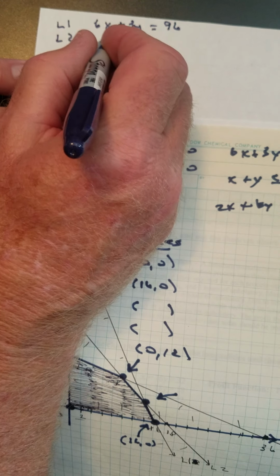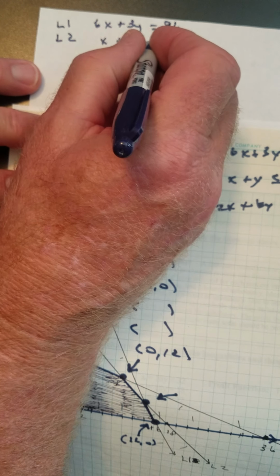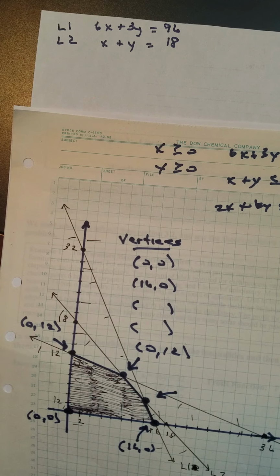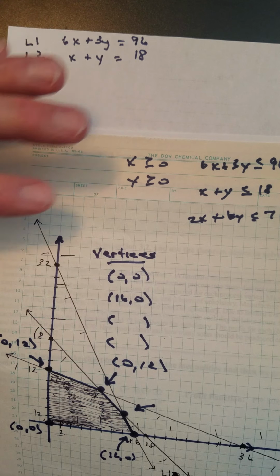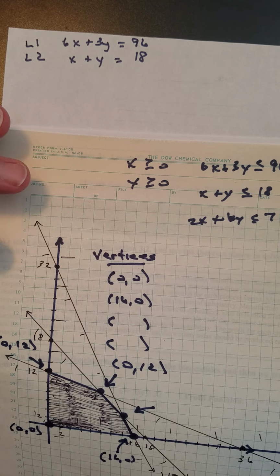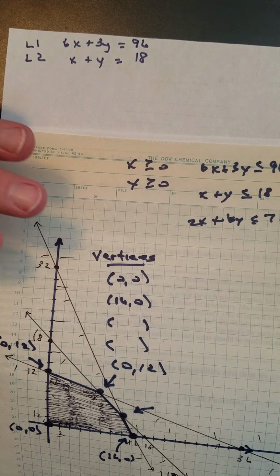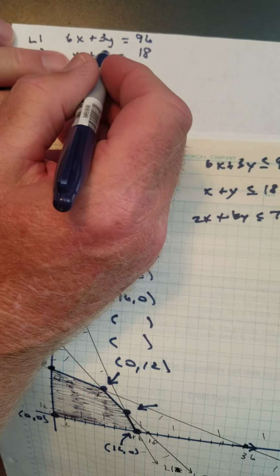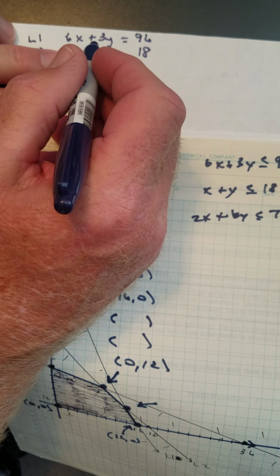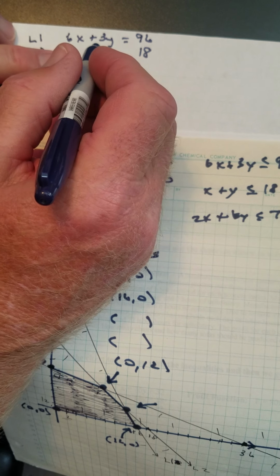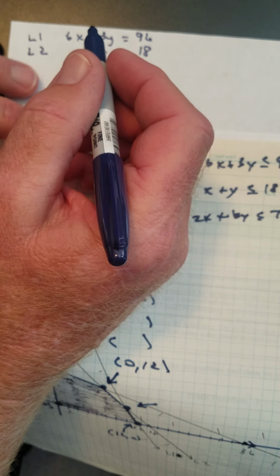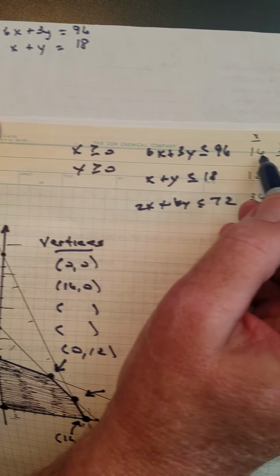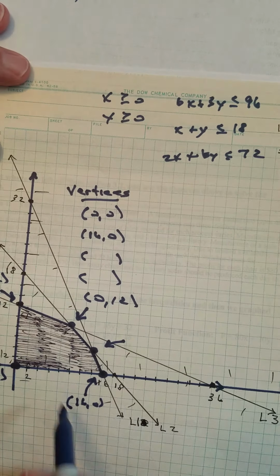And L2, I've got x plus y equals 18. So I want to find the intersection of those lines. Now, you can do several different things. When you look at the book, they'll solve each of those for y and put them in slope-intercept form. And then they solve them from there, and that's fine if you like to do that. I like to keep it in this form, so when I graph it, I can easily come up with the intercepts and then come up with a graph.